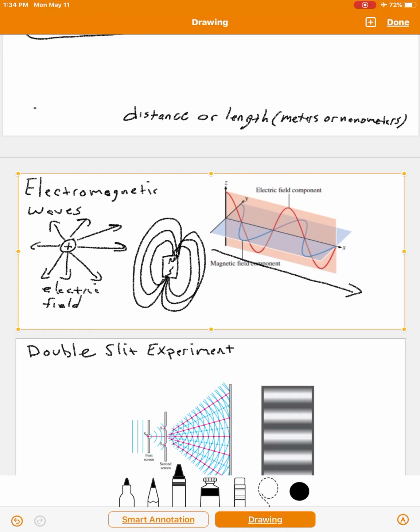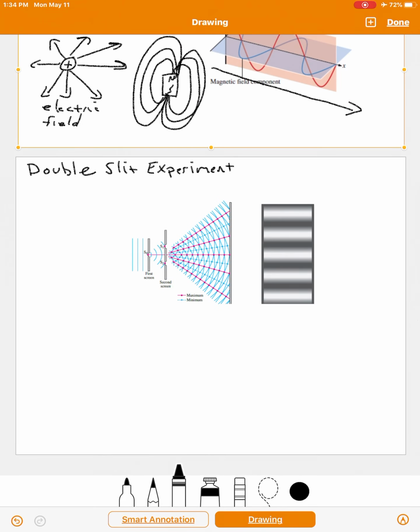So in the y direction, the magnetic field is oscillating. In the red z direction, the electric field is oscillating. And then perpendicular to that in the x direction, the electromagnetic wave is moving. Okay, propagating is the term. Okay, so that's enough about what an electromagnetic wave is.